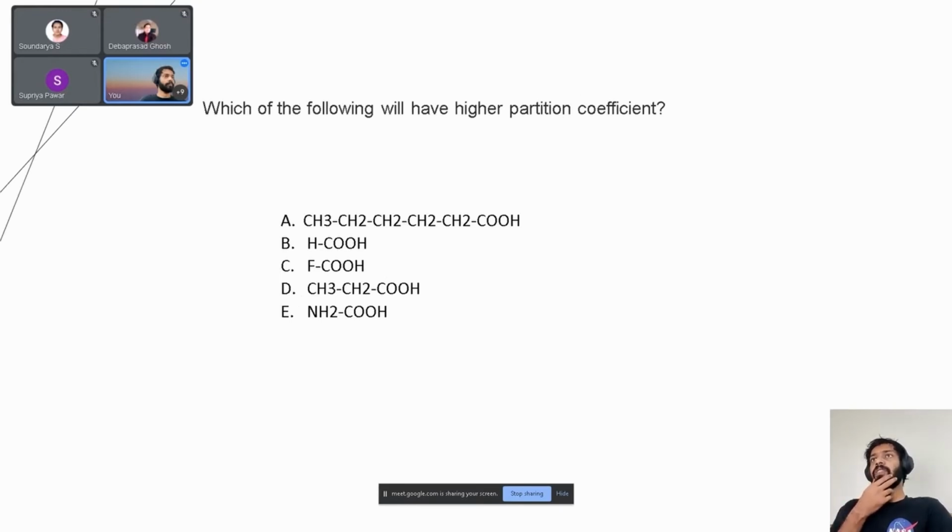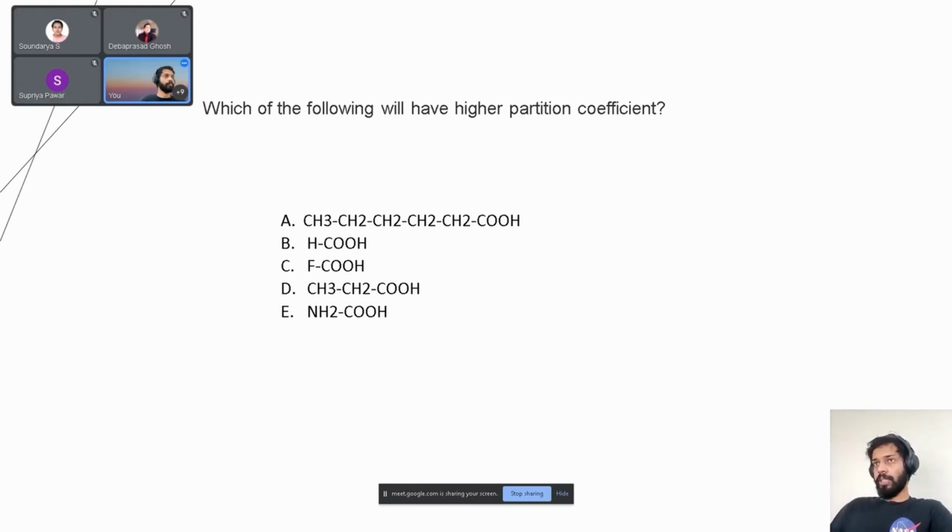Okay. So which of the following will have higher partition coefficient? A. Why? Sir, A is the answer because the size is very large and six carbon chains are there along with the carboxylic acid. So that's why it has a large partition coefficient due to large size.